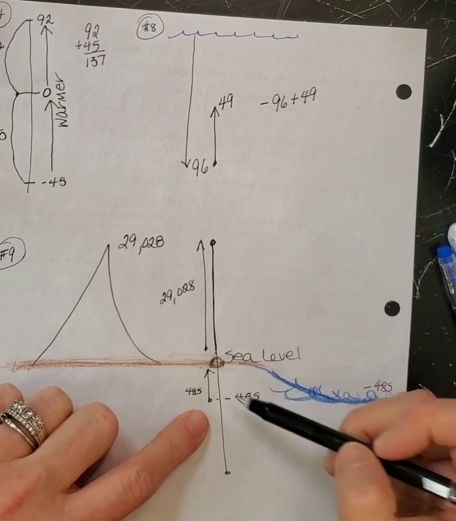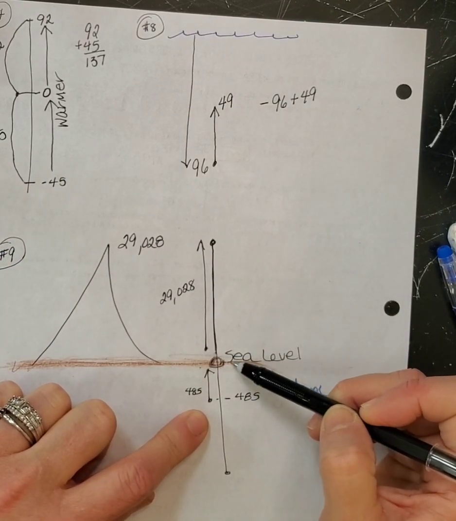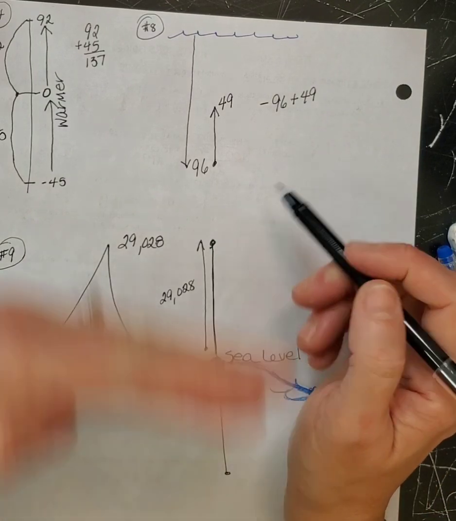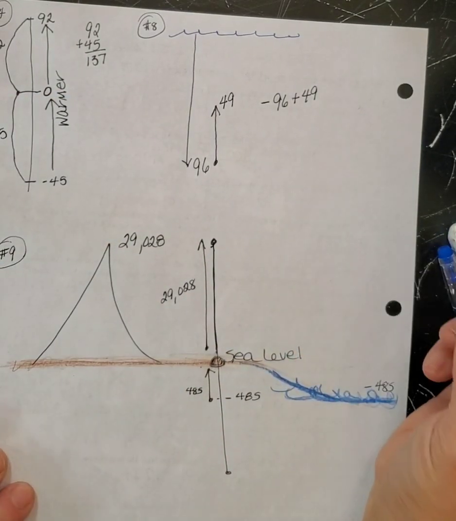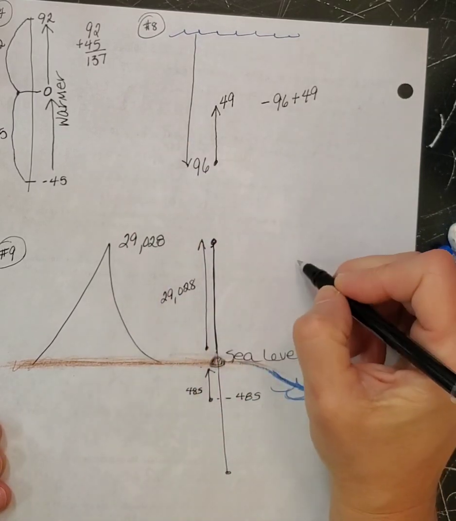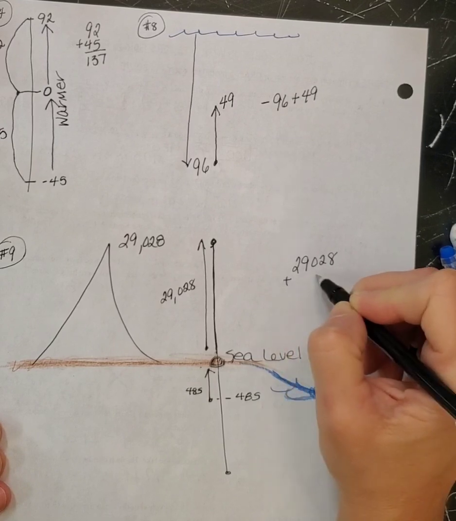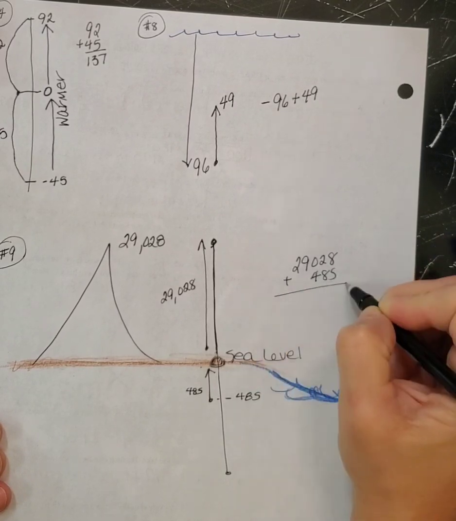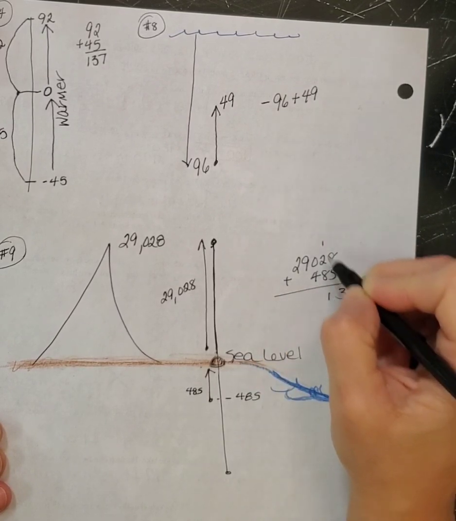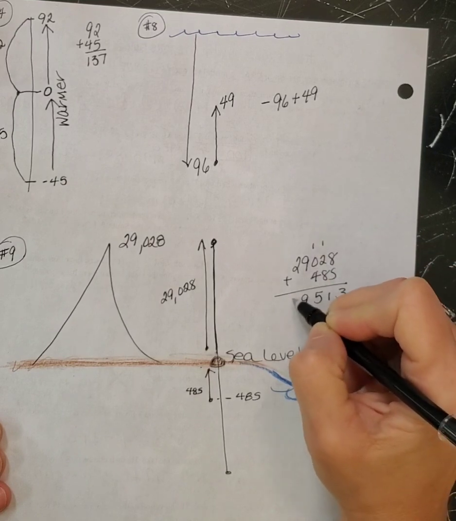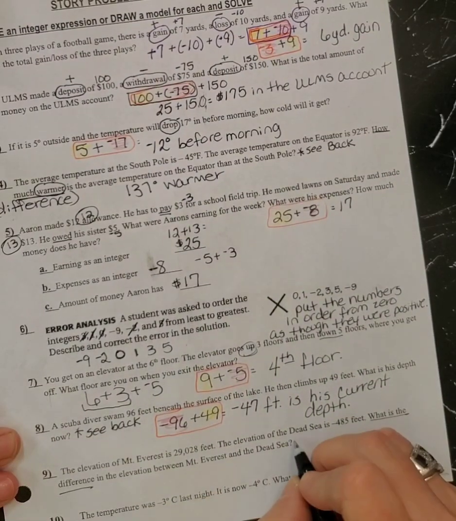So the distance from here to sea level, and then from sea level up to the top of that mountain. So that's how we're going to determine the difference between the two. How far is it? So when we put those together, it's 29,513 feet.